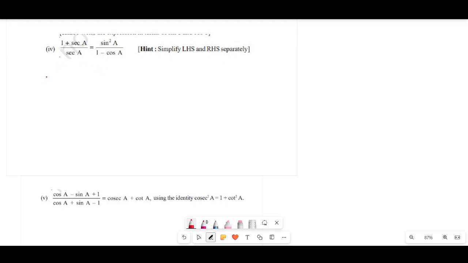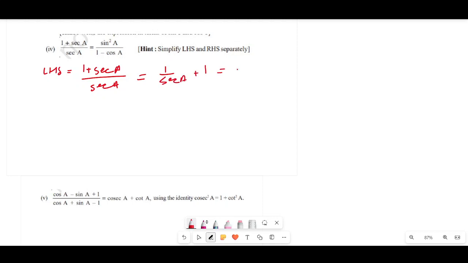Now take the left hand side, 1 plus sec a upon sec a. Clear? Then sec a will be cancelled out. Then we can write sec a plus 1.